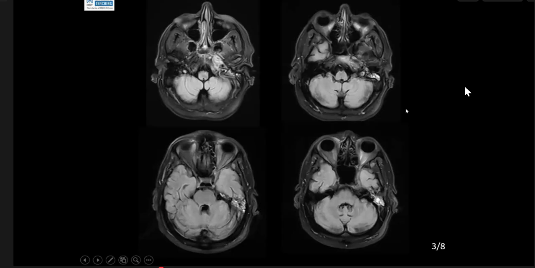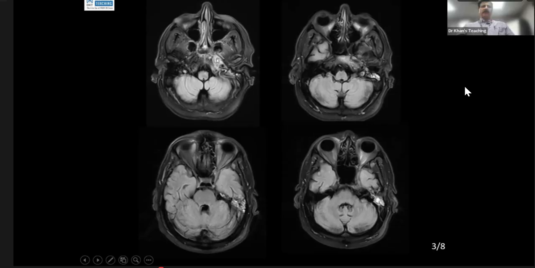There is also some increased signal within the anterior portions of the temporal bone on the top left image. Which portion is this? It would be the petrous portion.